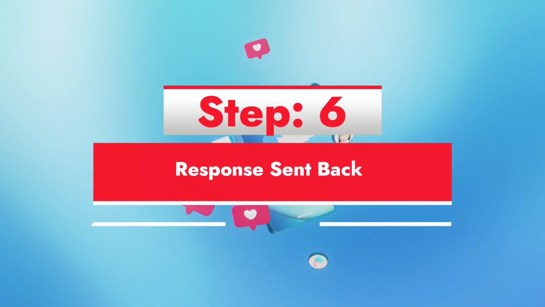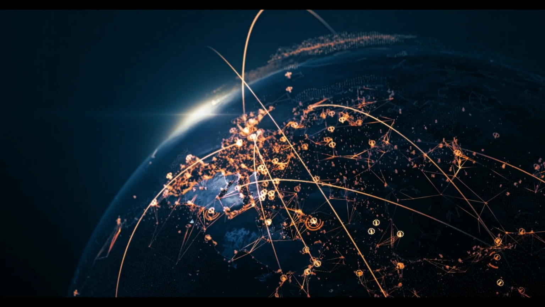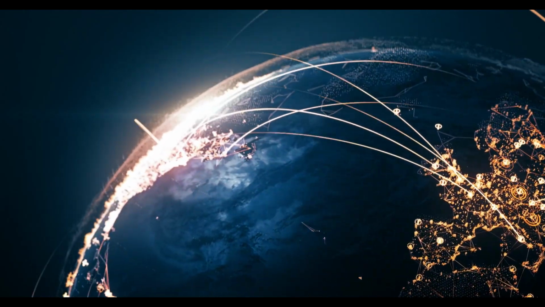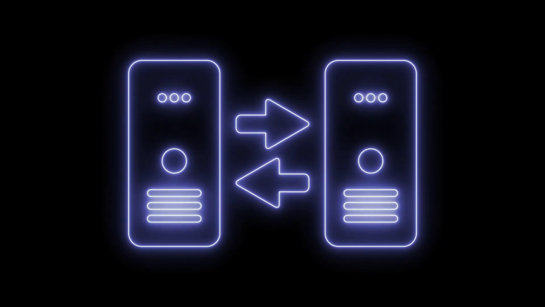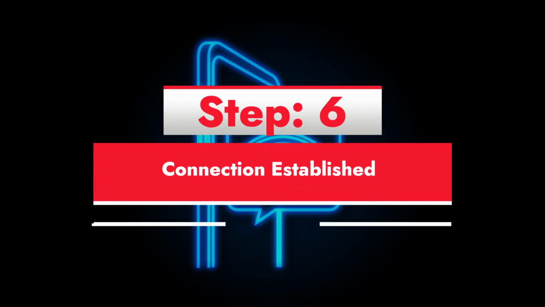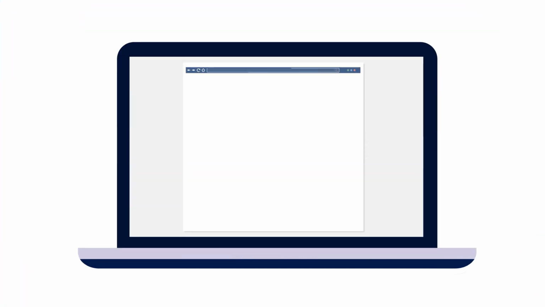Step 7. Response sent back. The authoritative name server sends the IP address back to the recursive resolver. The recursive resolver stores this information temporarily in its cache and forwards it to the device. Step 8. Connection established. Your browser uses the IP address to establish a connection to the website server, and the requested web page loads.